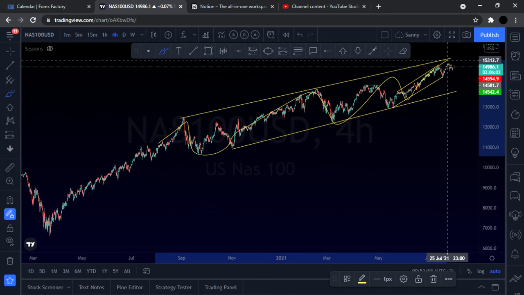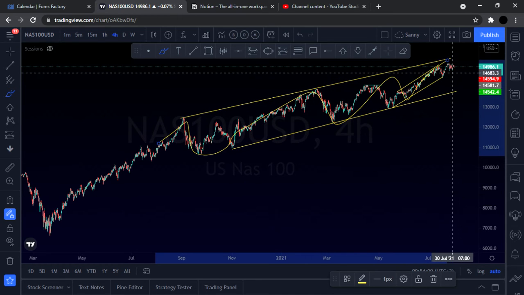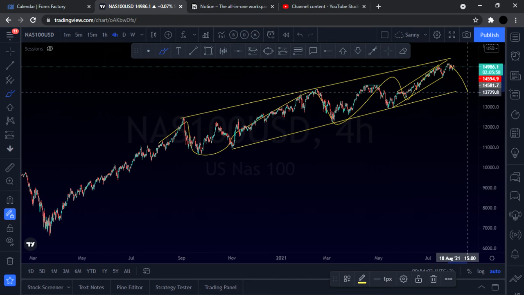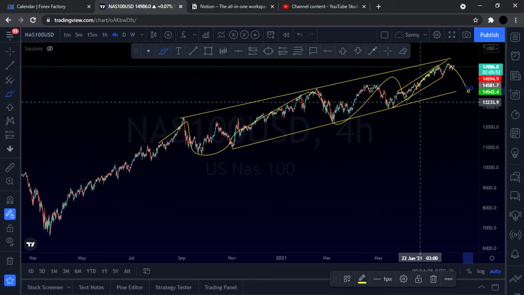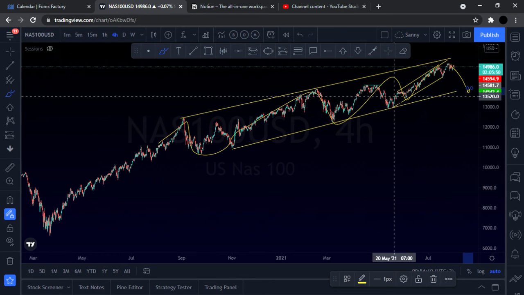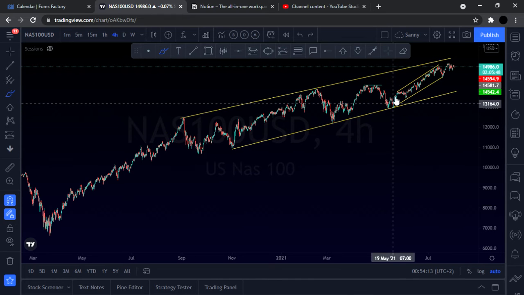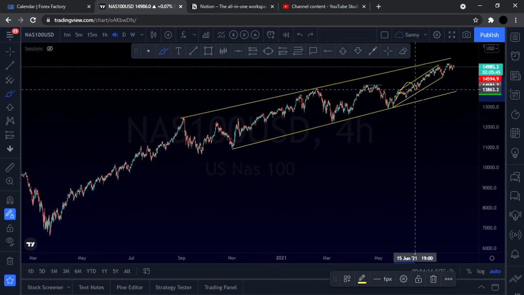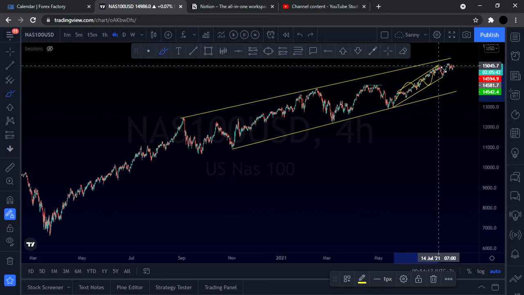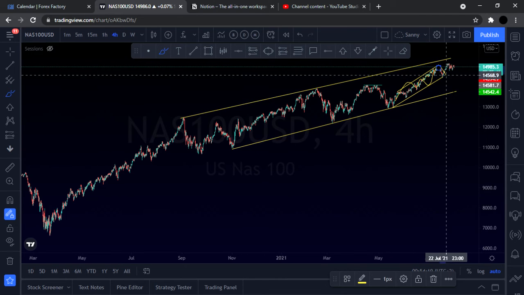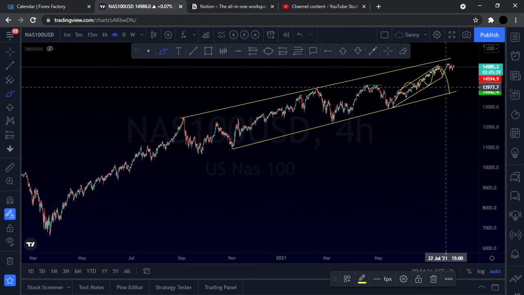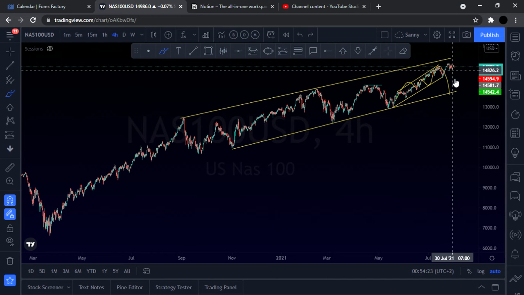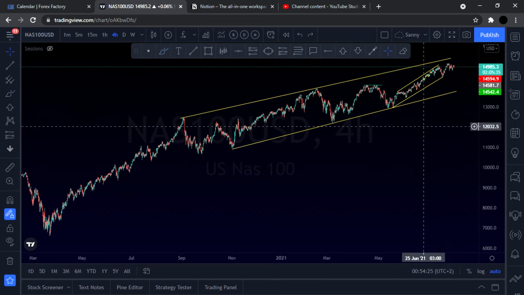So we'll be interested to see if price comes down to print a low. Price has to come down eventually and print this low and test this area of support, proved by this ascending pattern within our huge ascending pattern, which means price could potentially break to these areas here. So that is what you could expect from this pair.